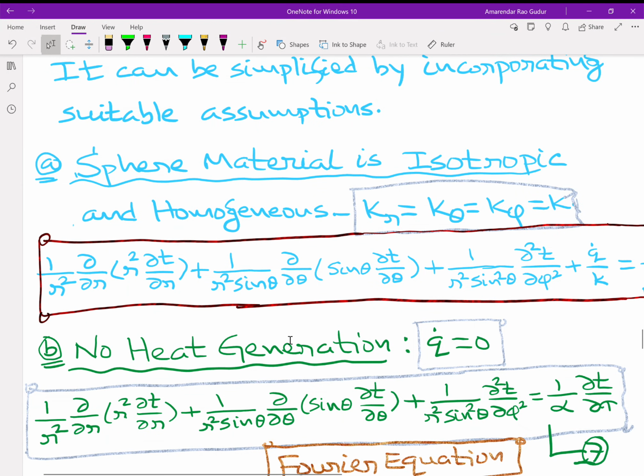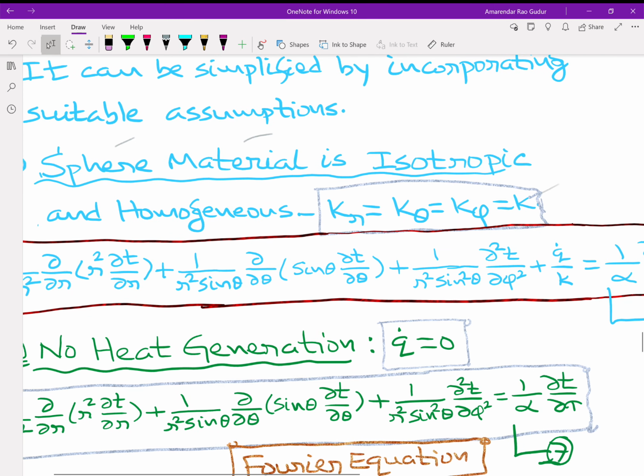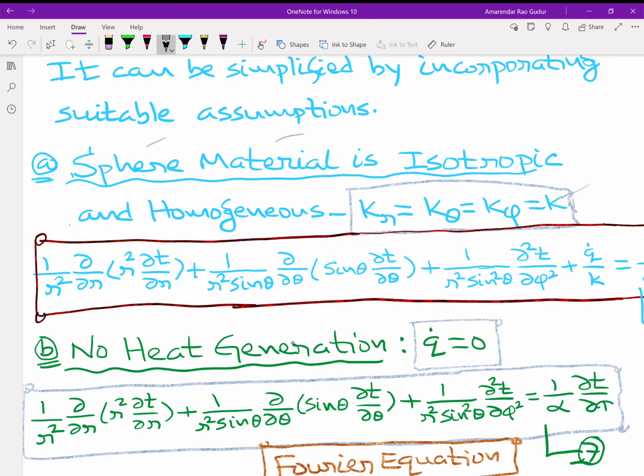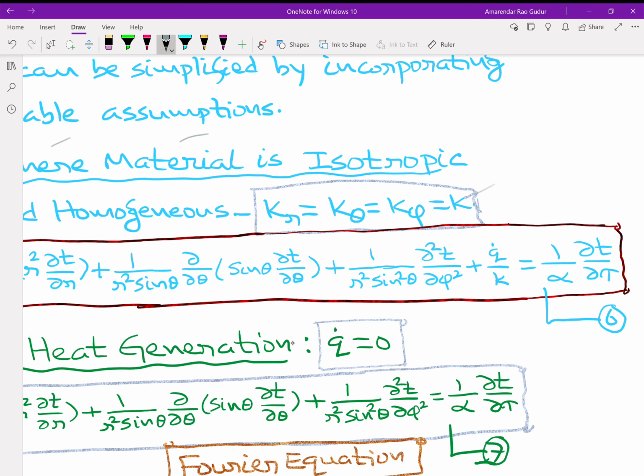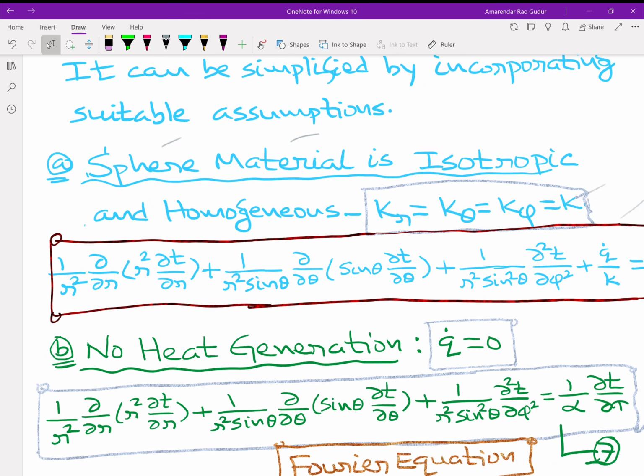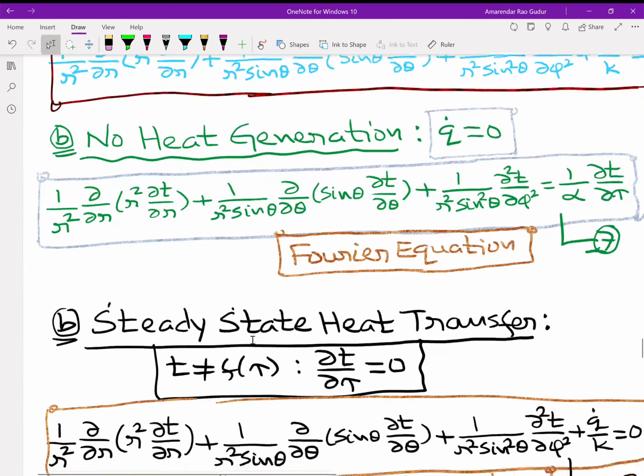First and foremost, we assume that the sphere material is isotropic and homogeneous, which means that Kr is equal to K theta is equal to K phi is equal to K. Therefore, K can be taken common and throughout you can divide by K to get 1 by r square del by del r of r square del T by del r plus 1 by r square sin theta del by del theta of sin theta del T by del theta plus 1 by r square sin square theta del square T by del phi square plus q dot by k is equal to 1 by alpha del T by del tau, where alpha represents the thermal diffusivity of the material. Then we assume that there is no heat generation.